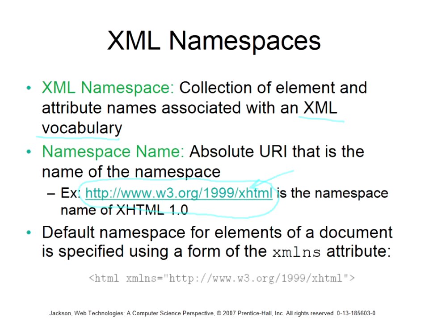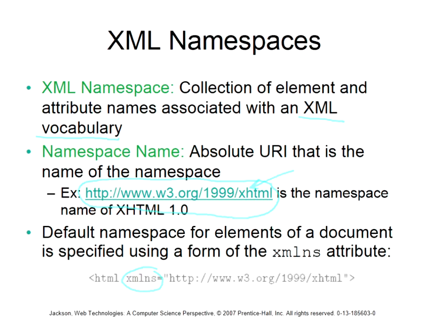So the namespace here is used to say what are the tags that will be used in my XML document. For example, this is the name of the namespace, the name of the XHTML namespace.